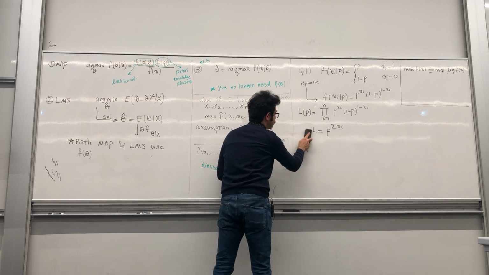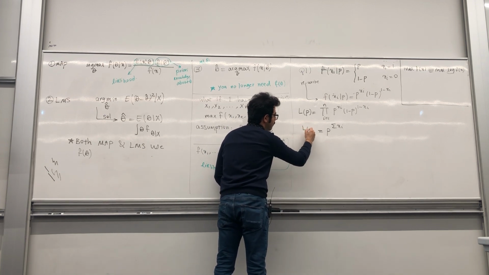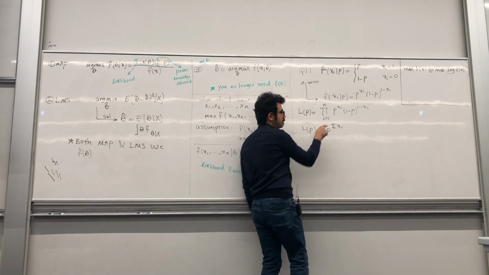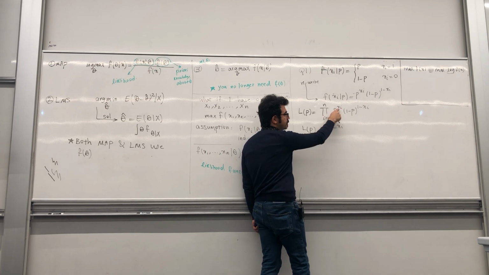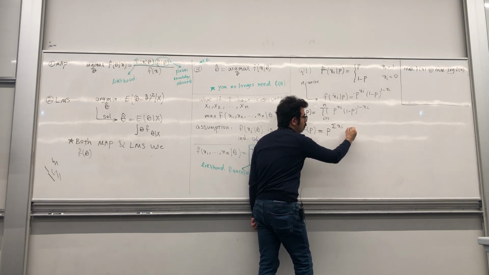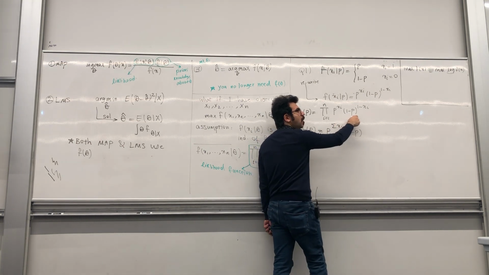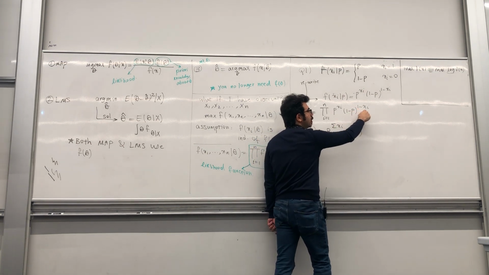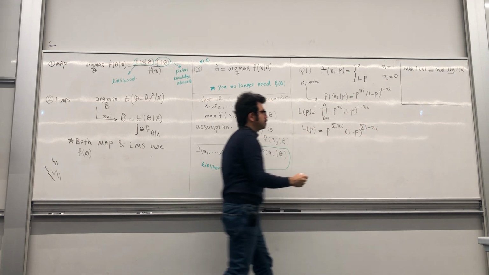Let me rewrite this function L. L of p is equal to p to the power of summation of xi, times 1 minus p to the power of, again, I have a common base, so the exponent will be summed up. Right? I just rewrote it.